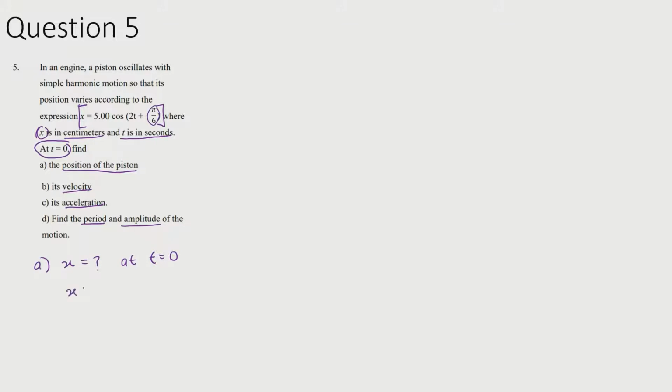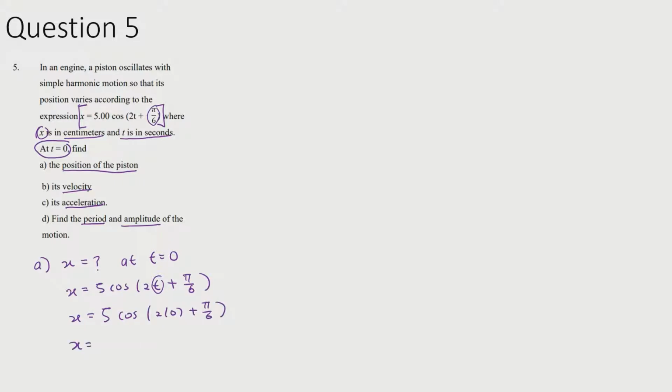Okay, now let's do this. So we know the expression is 5 cos(2t plus pi over 6), right? And then we just substitute our t with 0. So we will get 5 cos(0 plus pi over 6).